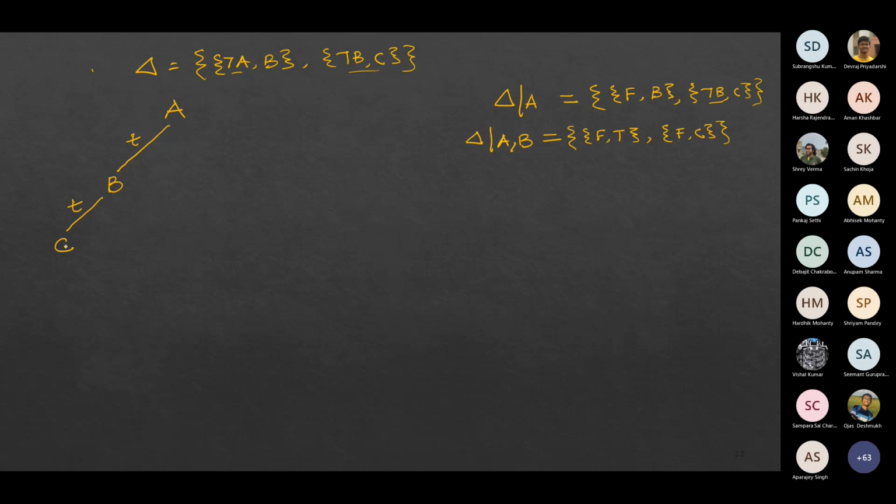Now we'll check for C. First, we'll assign a truth value T. So delta A, B, C. So what we'll have as output is F, T, and this will be F and T. So basically in this path, we are getting a satisfaction. Now instead, say we have chosen A, B and not of C. What would have happened?